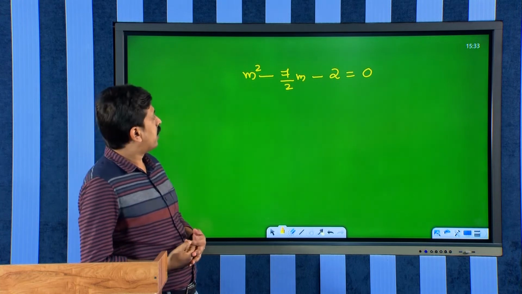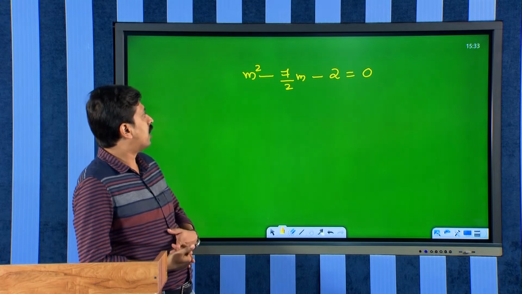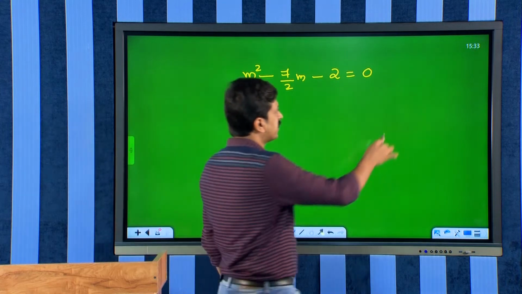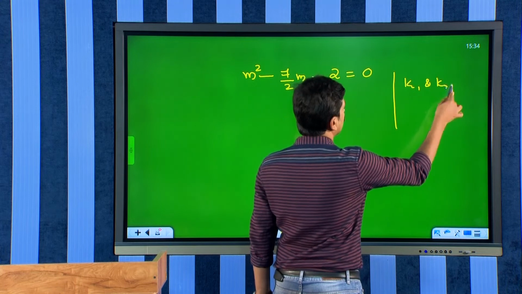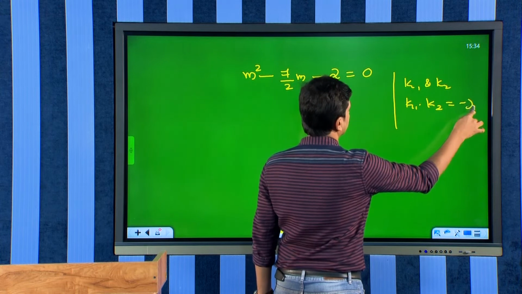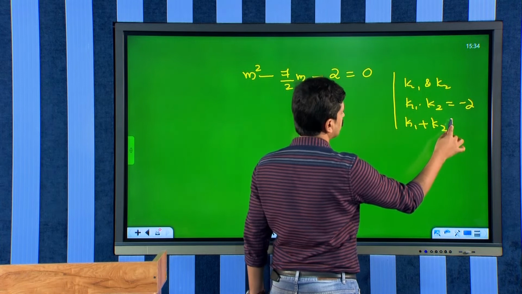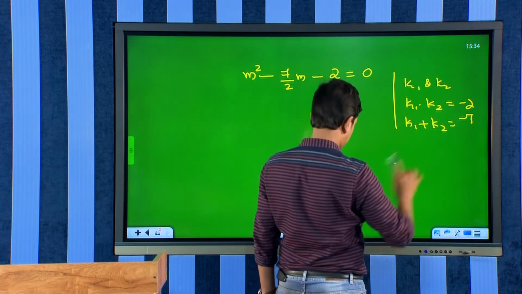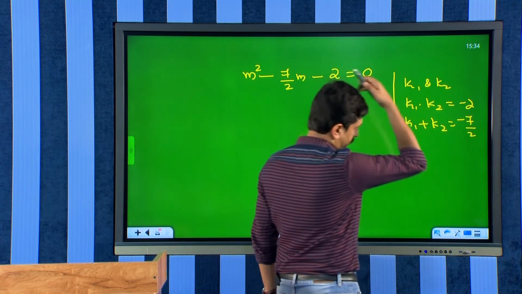Okay. So, we need to find two values k1 and k2 such that their product k1 into k2 is equal to minus 2, and k1 plus k2 is equal to minus 7 by 2.